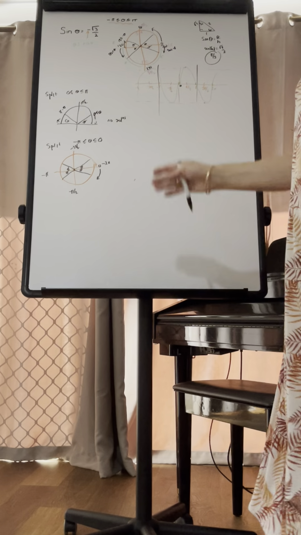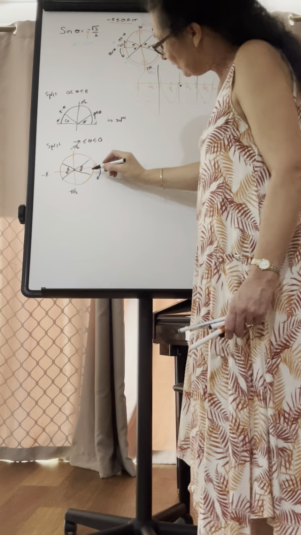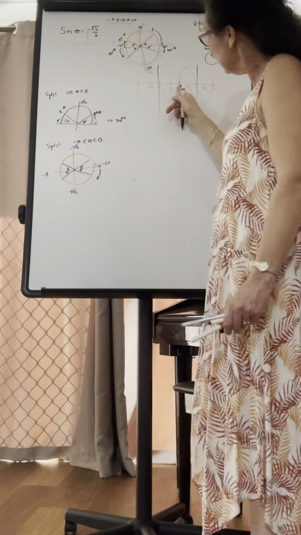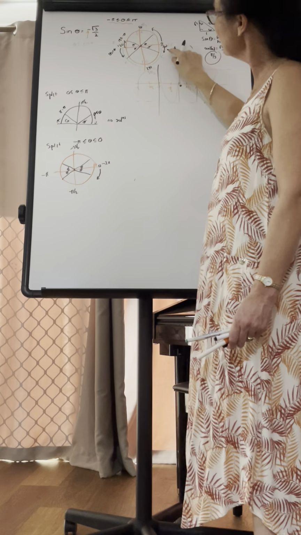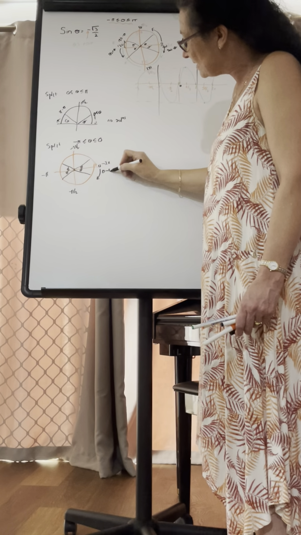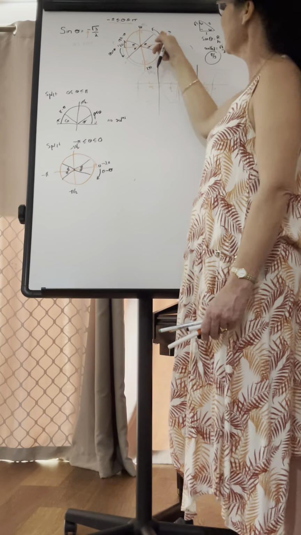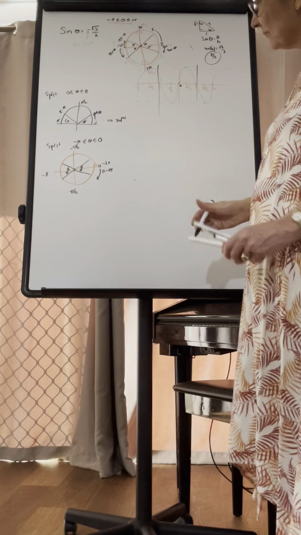So this is the most important part because I'm going that way. When you're going here, from here to here, you're going to the negative. So this one, instead of being 360 minus theta, it's 0 minus theta. Here it was 0 plus theta, but we're doing the opposite direction, so it's 0 minus theta.